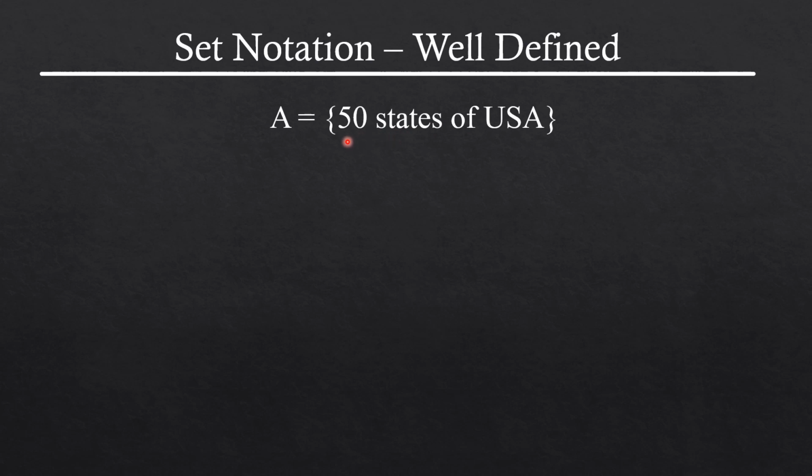In other words, I should be able to go to Google and put this in, and you should be able to give me the answer and know exactly what it is. Everybody should be able to go to Google, type in what are the 50 states of USA, and get an answer. So that is well defined.